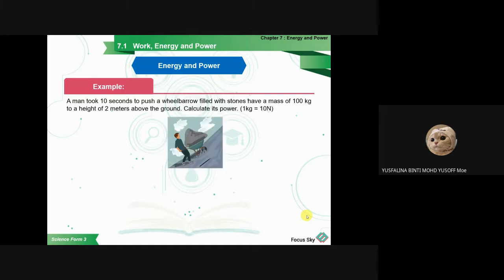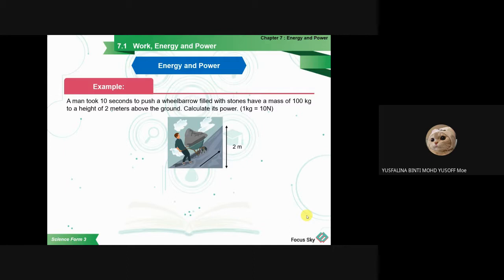The next one. Can you try to calculate this one? This is the same as the first one. A man took 10 seconds to push a wheelbarrow filled with stones, with a mass of 100 kg, to a height of 2 meters above the ground.